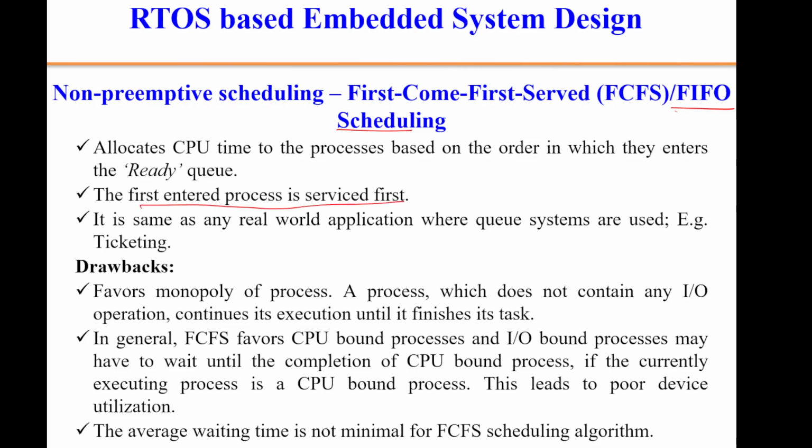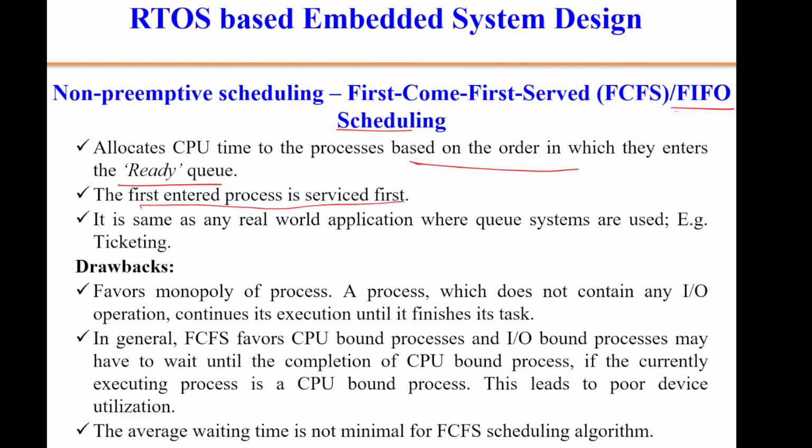Whichever comes first, the CPU time will be given to it. The processes requiring execution enter the ready queue and are stored in the order in which they enter, so the CPU time is allocated first to whichever enters first.